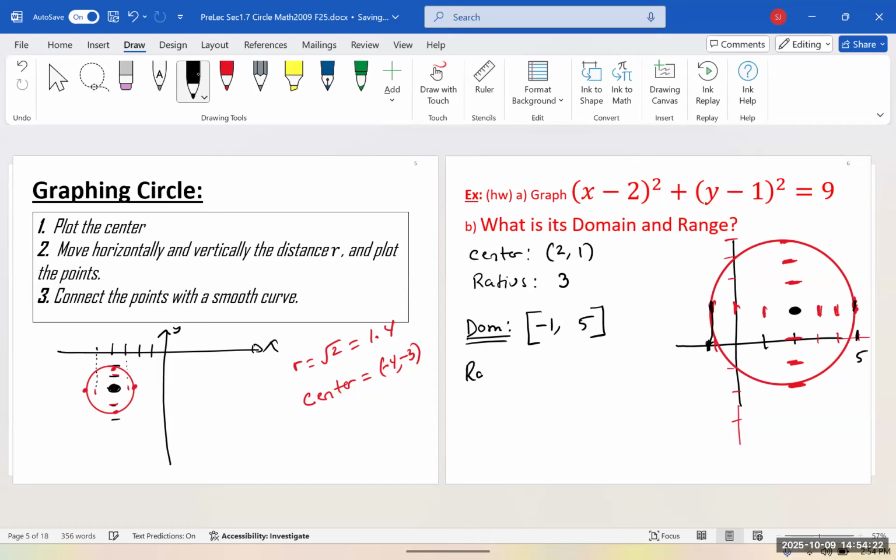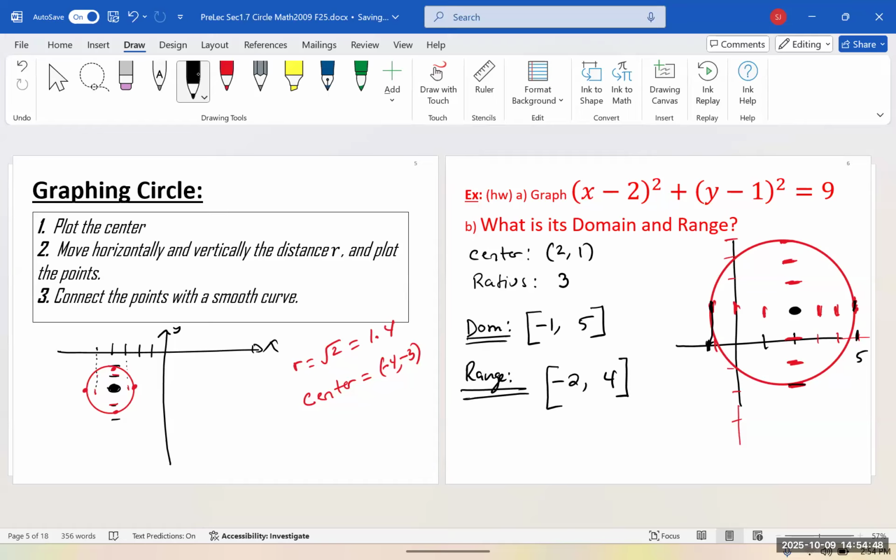And how about your range? From which y value to which y value? -2 to 4, and the boundary? Bracket or parentheses? Bracket.